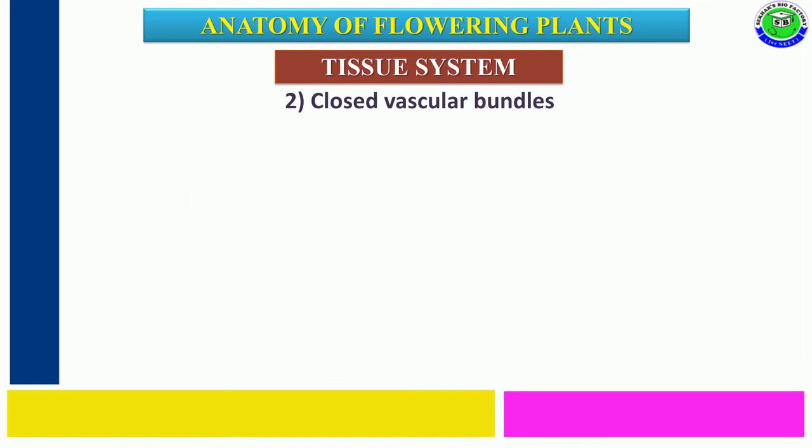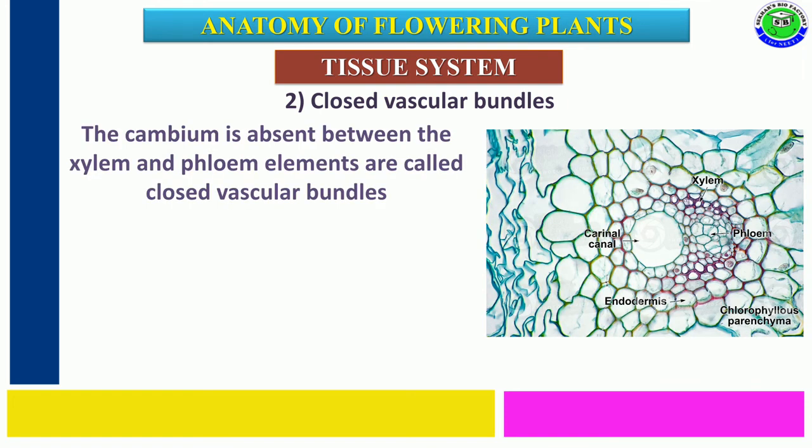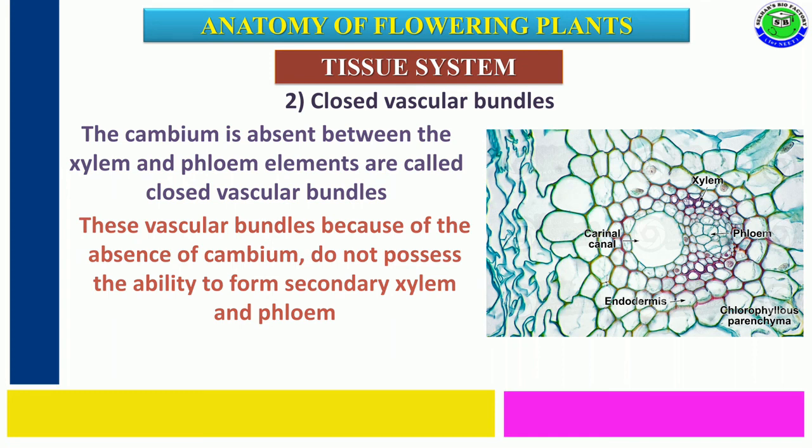In closed vascular bundles, there is no cambium. The cambium is completely absent in between xylem and phloem. Such vascular bundles are called closed vascular bundles. In these closed vascular bundles, due to absence of cambium, there is no formation of secondary xylem and secondary phloem during secondary growth, so secondary growth is completely absent.